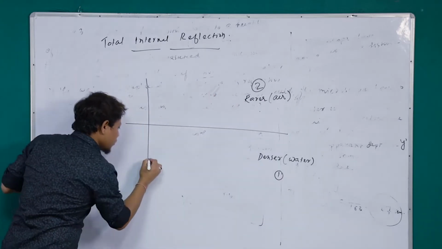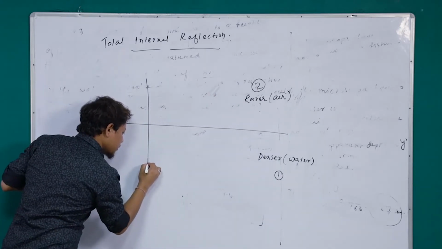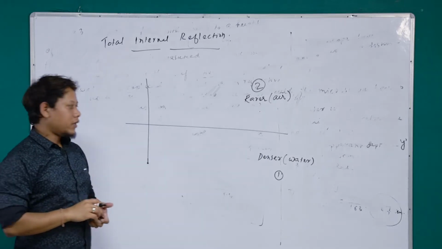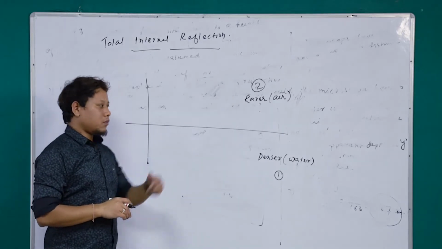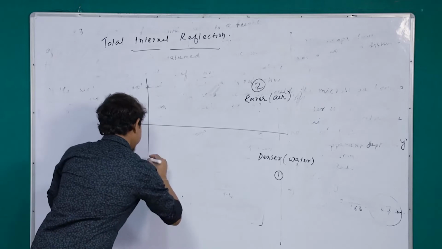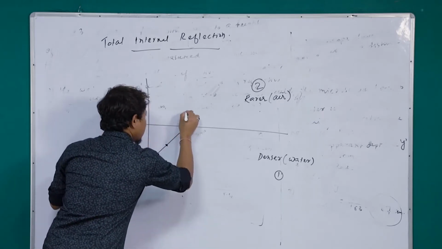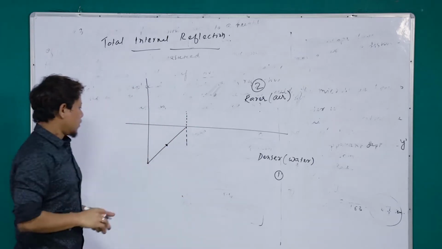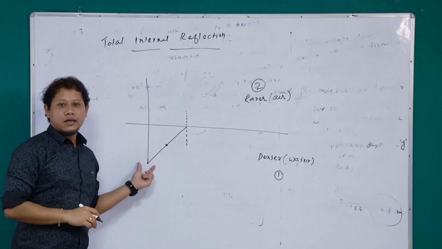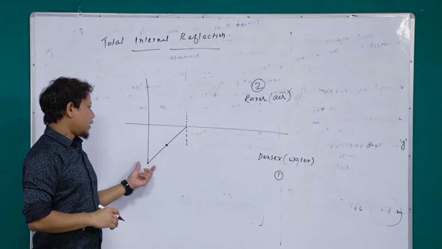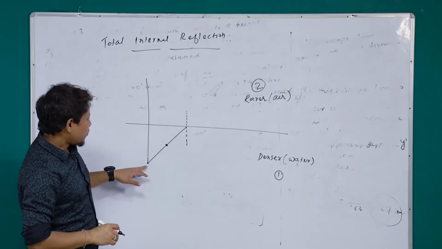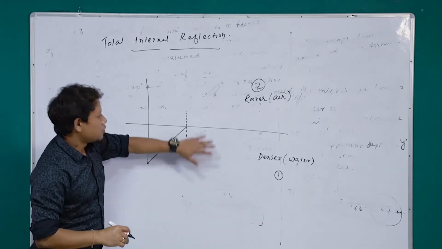Now it's a little bit different case. Here, the ray of light is traveling from denser medium to the rarer medium. So this is a source of light, and the light is traveling from this medium to that medium.